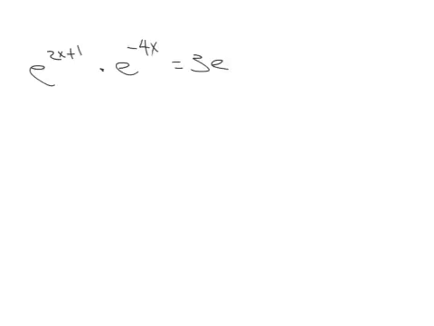Alright, well they skip a bunch of steps in part B in the solution, and I will fill those in so you don't have to be so incredibly lost. But remember, when you multiply things with exponents, what do you do with them? You add them. So this would be e to the 2x plus 1 plus negative 4x.